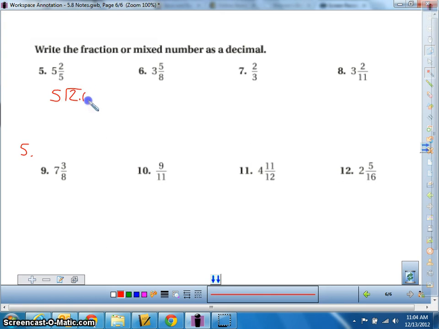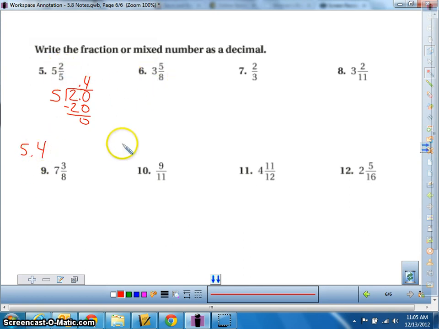I need to make it 2.0, so I'm going to put my decimal straight up. 5 can't go into 2, but it can go into 20, so I know it goes in there 4 times. 5 times 4 is 20. 20 minus 20 is 0, and I've got nothing more to bring down, so I get to just put my decimal in here. 5.4 is the same thing as 5 2/5.